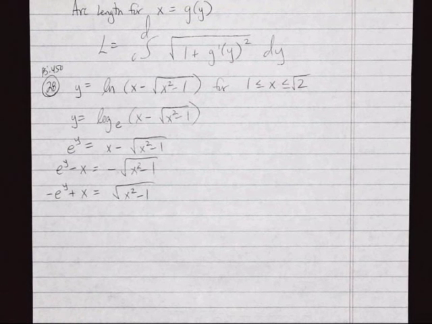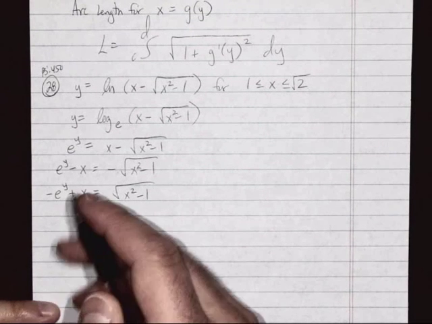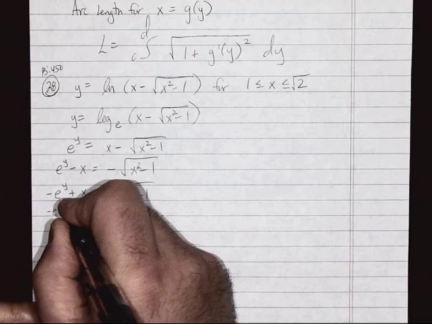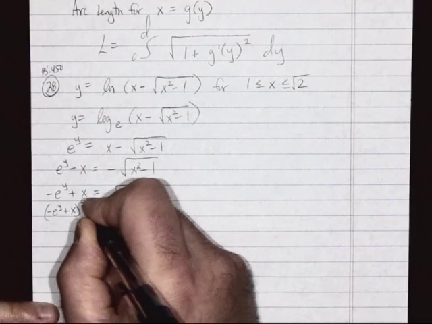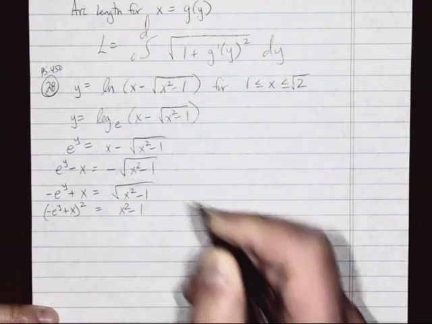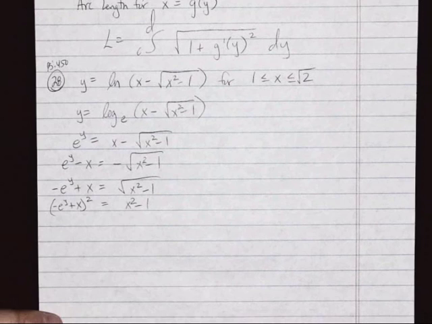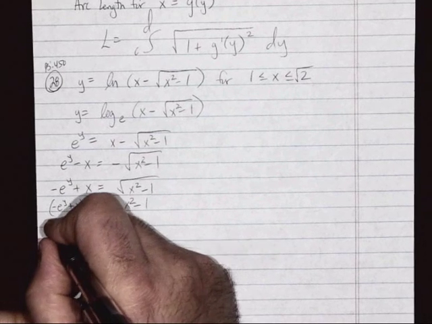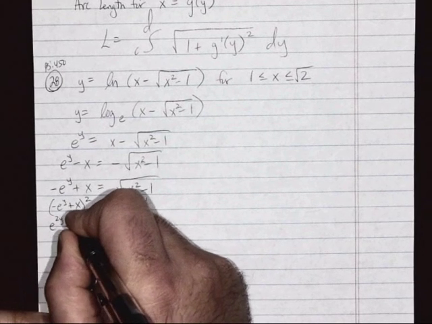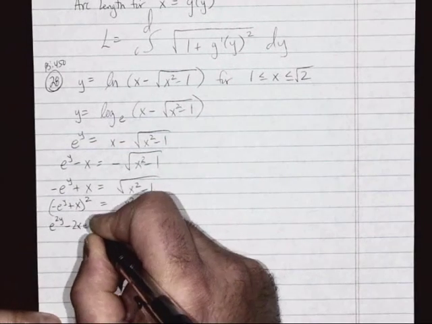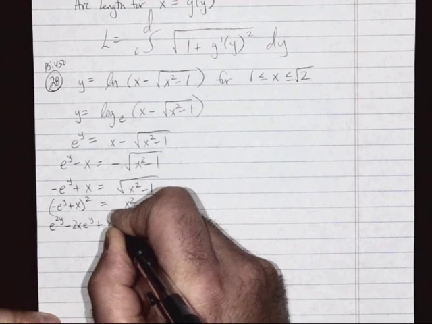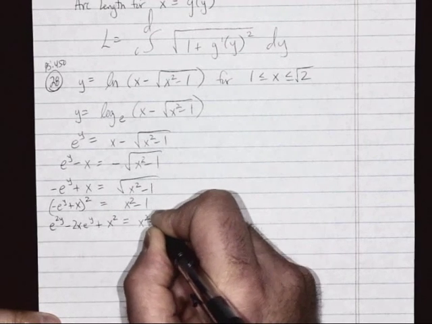And then I squared both sides. So basically, when I squared this, I have to expand that, which is going to end up being e to the 2y minus 2x e to the y plus x squared equals x squared minus 1.